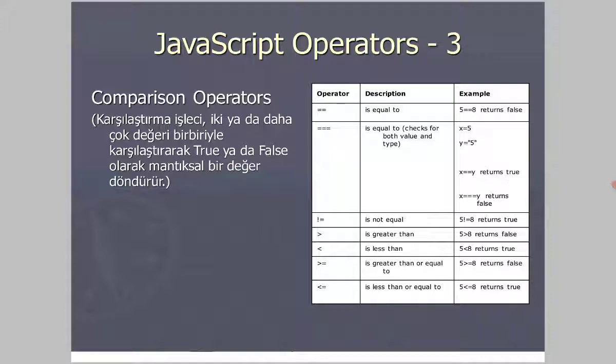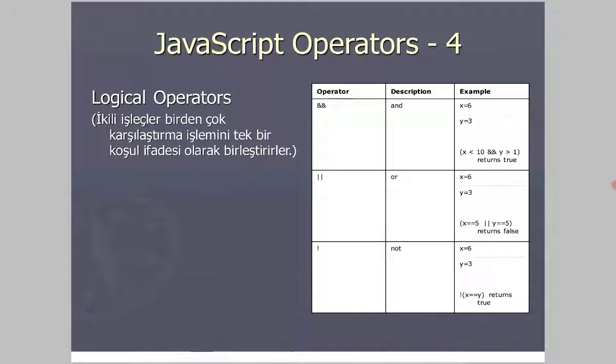So there are different types of operators available in JavaScript, like arithmetic operators, relational operators, logical operators, bitwise operators, like that. What are logical operators? And, or, not. Generally these logical operators are used to test one or more conditions.